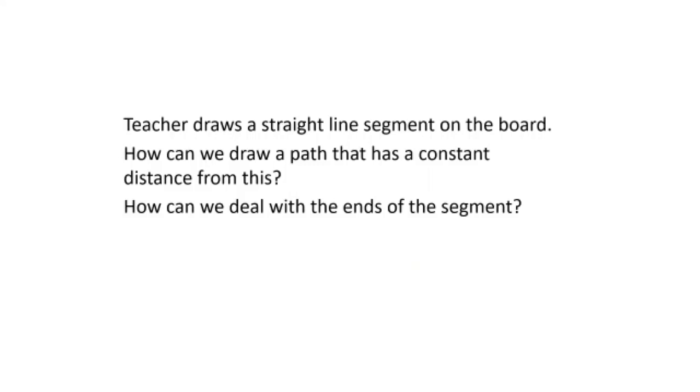And then after a while, the teacher draws a straight line segment on the board and says, how can we draw a path that has a constant distance from this? And the students give various ideas. And then it moves on to how do we deal with the ends of the segment? So the sort of thing that was going on was this to start with.